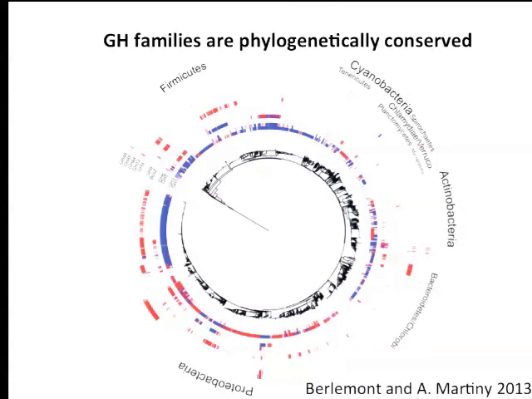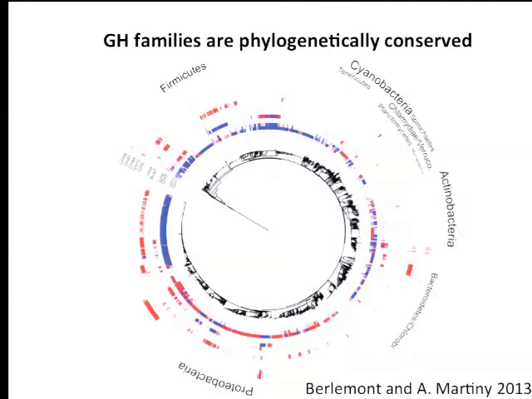inside the circle is a phylogenetic tree of bacteria. They took fully sequenced, publicly available genomes and asked which of these genomes had the different glycoside hydrolase families.